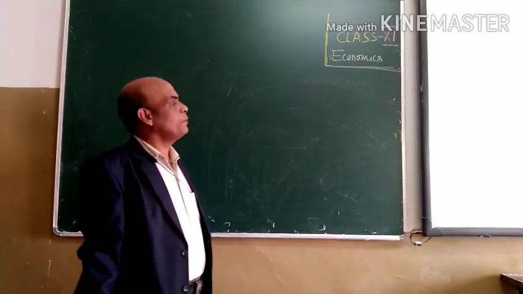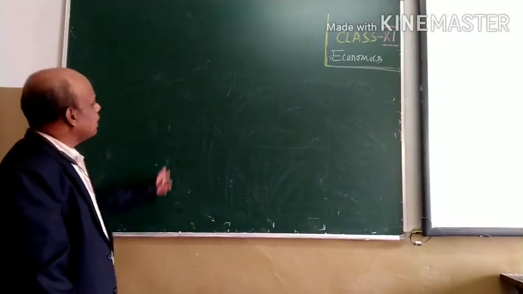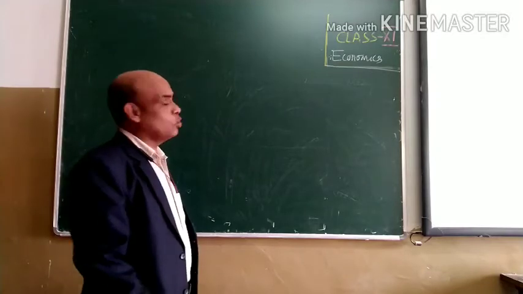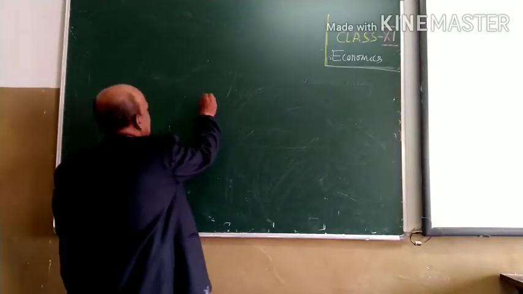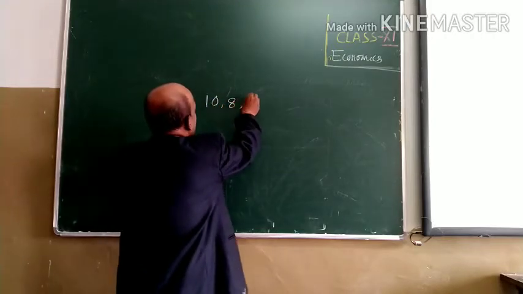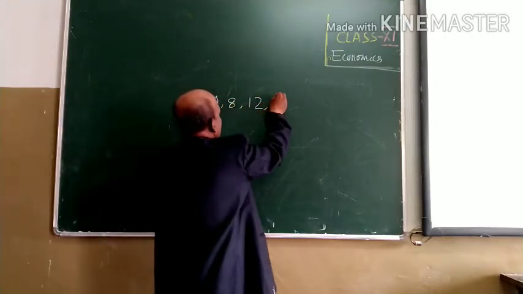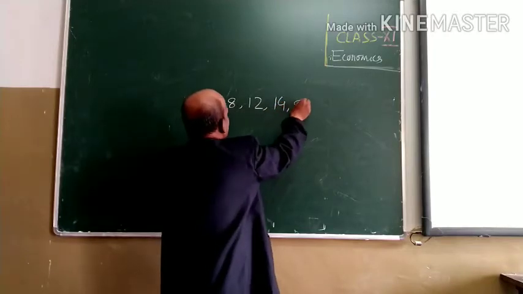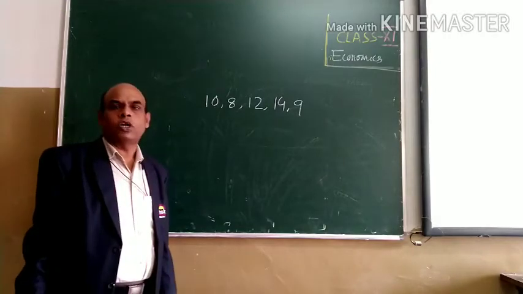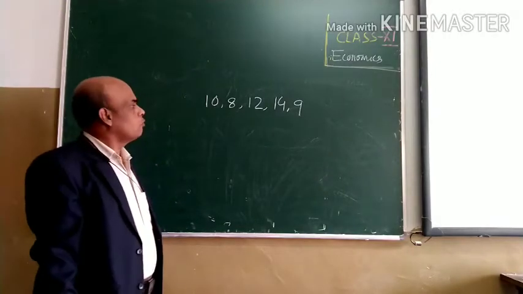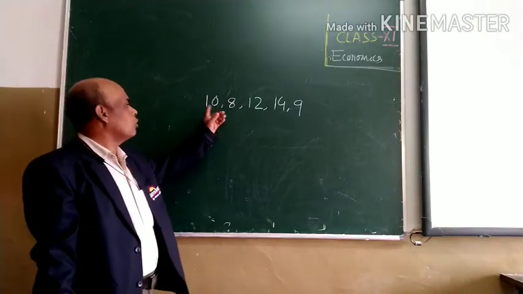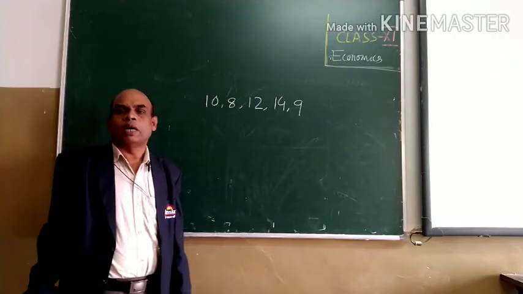Suppose in a class 5 students secured the following marks like this: 10, 8, 12, 14, 9, out of 15, when the full mark is 15. 5 students secured the following marks.